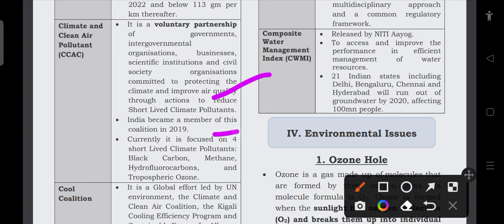India also became a member of this coalition in 2019, and currently the main focus is on four short-lived pollutants. What are they? Black carbon, methane, hydrofluorocarbons, and also tropospheric ozone. These are the four pollutants which are in focus.